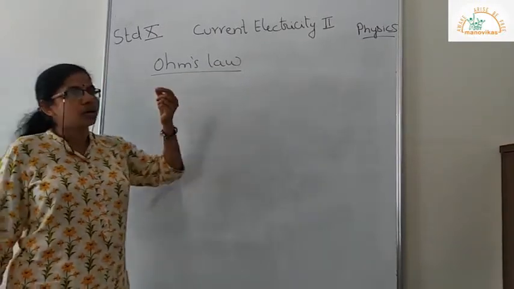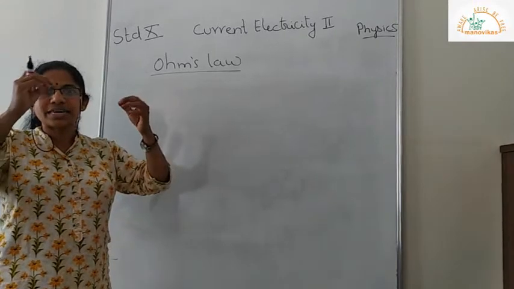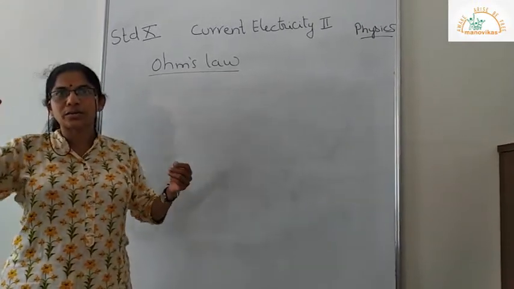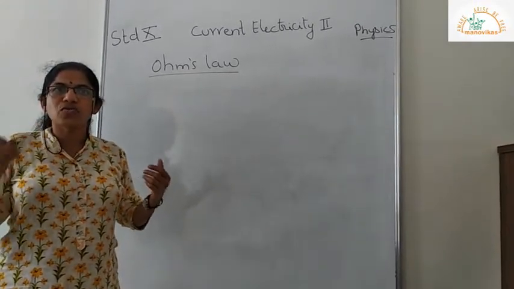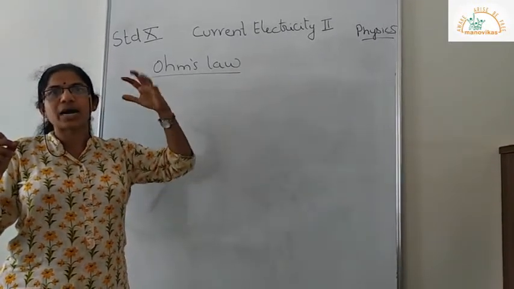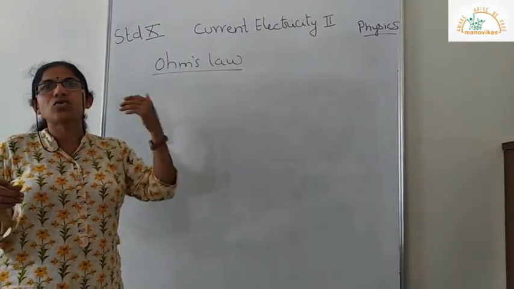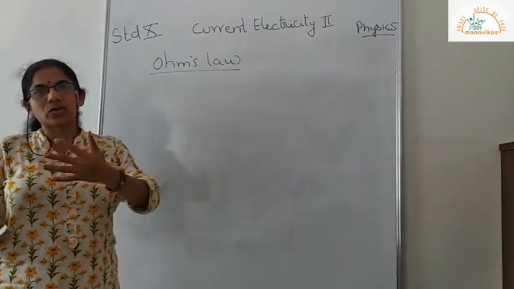When you have two conductors joined by a metal wire, electrons will flow from a conductor where there is a high concentration of electrons to a conductor where there is a low concentration of electrons.